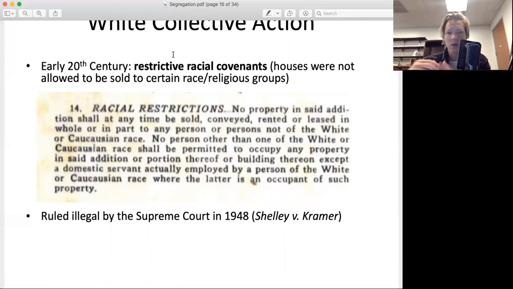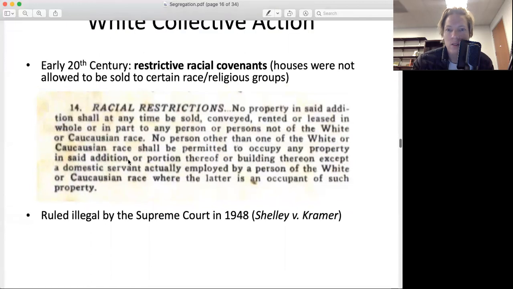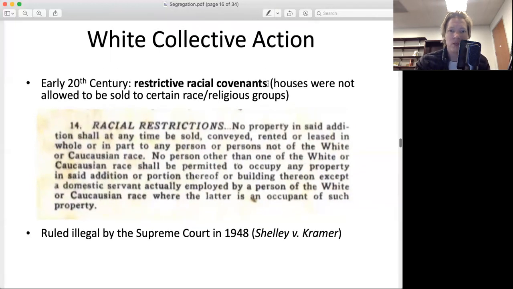So houses are not allowed to be sold to non-white races. Okay, so this is an example of one. This will often exclude both Blacks and Jews. So you have these restrictive racial covenants.